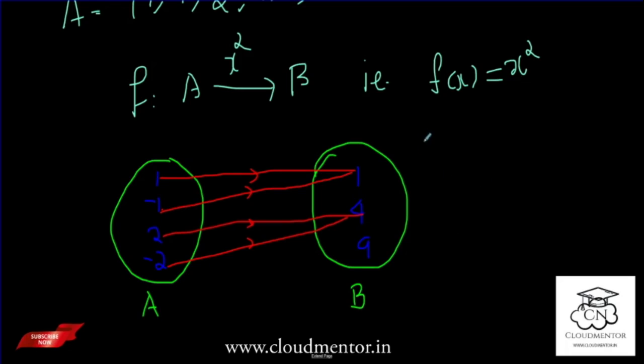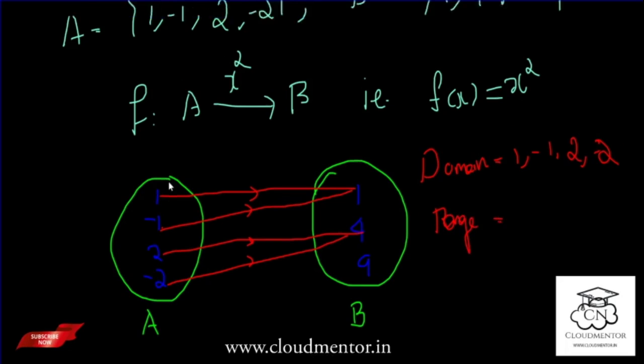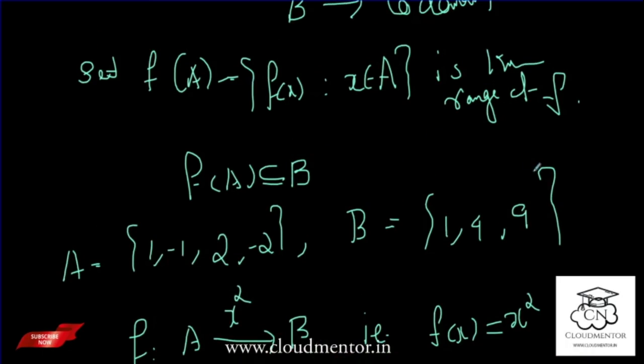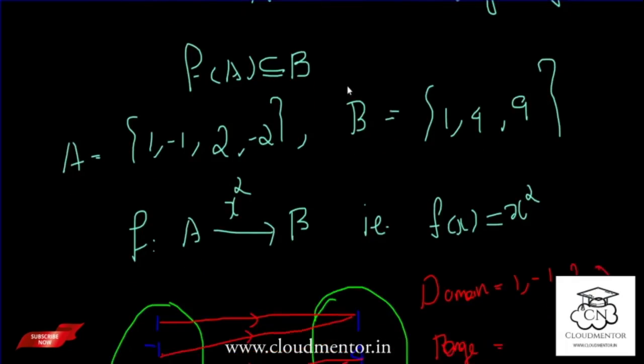So what is the domain here? Domain will be equal to the set A, that is 1, minus 1, 2 and minus 2. Okay, while the range will be equal to f of x, x an element of A, that is the range.